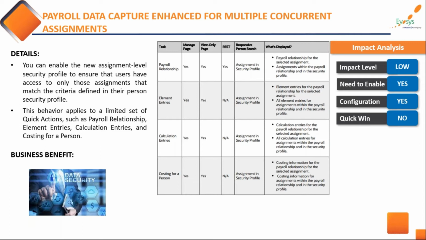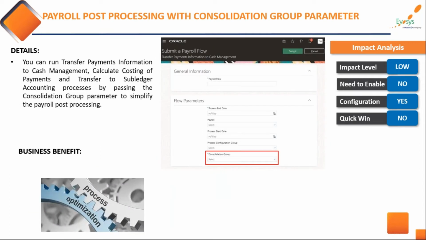The next feature is on payroll post processing. You have a lot of post processes that you have to do after you finish your payroll, like transferring the information to cash management, or transferring to GL, calculating costing of payments. All of these processes you can now run using a consolidation group.